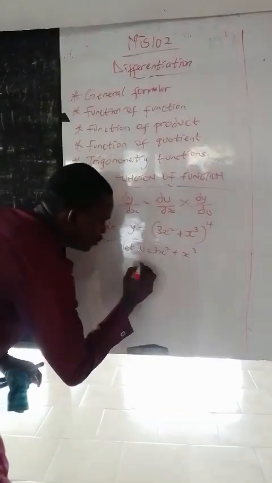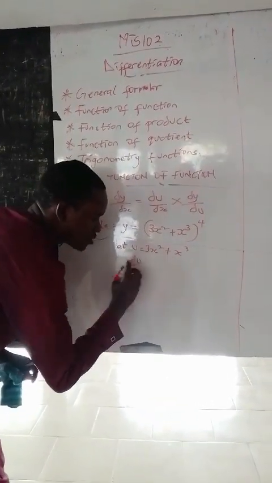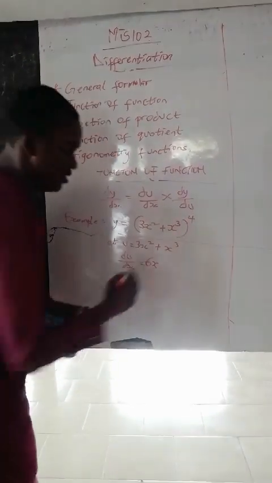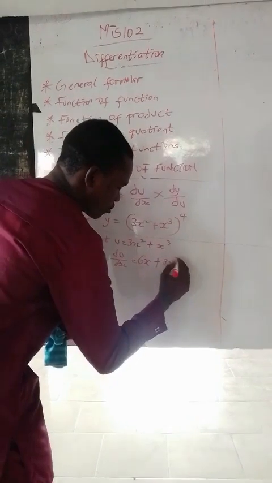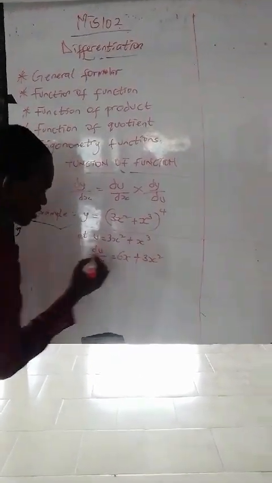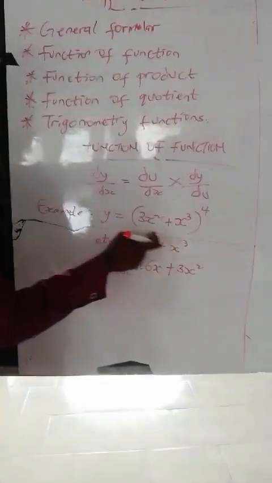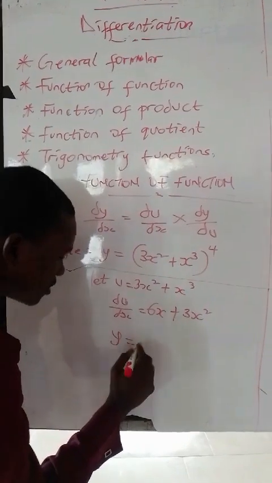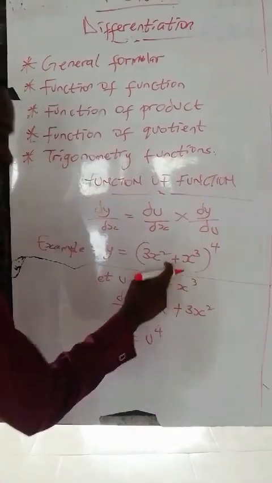So if you find du with respect to dx, you have what? 6x, don't forget, plus what? 3x squared. I'm sure you know how to differentiate like that. So, since you already said let u be what is inside there, it means automatically your y will be u raised to power 4.